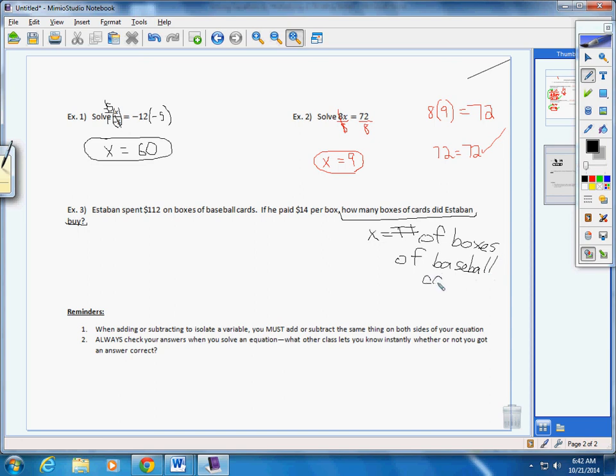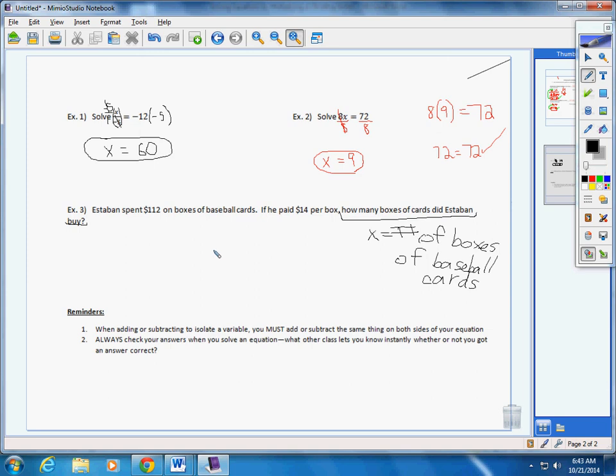Remember, the thing that we don't know is always going to be our variable because a variable represents a number that we don't know. But once we set up an equation, we'll be able to solve for the variable like we've done up here, and that'll tell us how many boxes of baseball cards he actually bought.